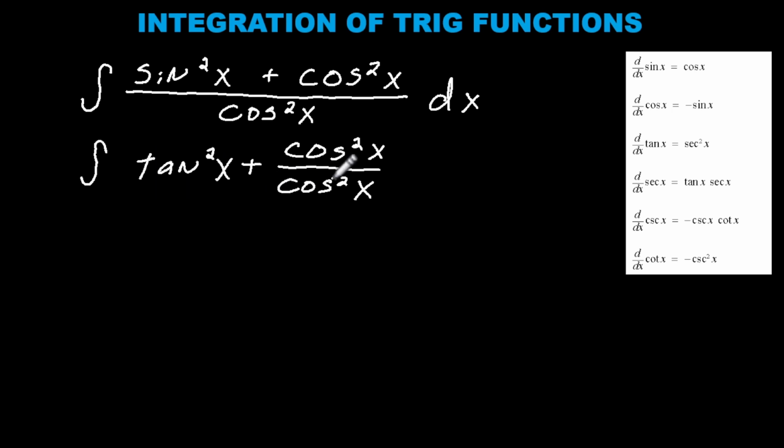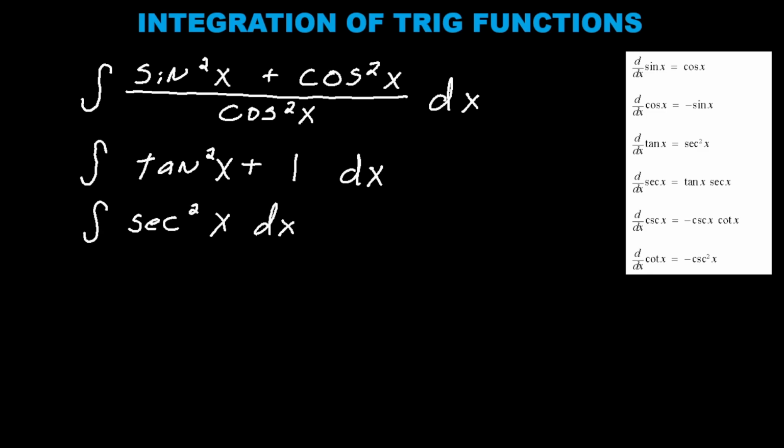And of course, on this side over here, we have cosine squared x over itself. So this whole thing is 1. And tangent squared x plus 1 is a Pythagorean identity that equals secant squared x. And same as before, secant squared x is the derivative of tangent x. So the answer for this one, the integral is tan x plus c.